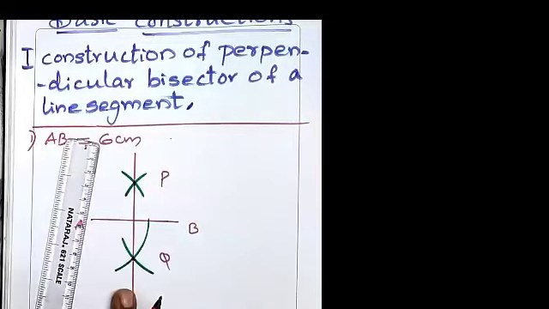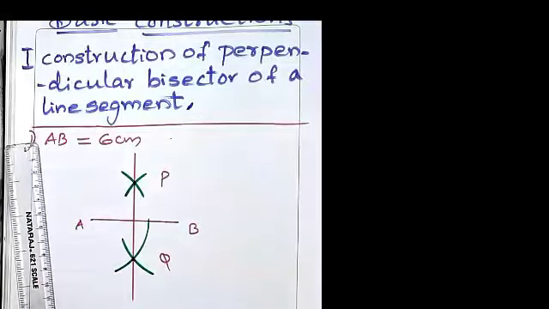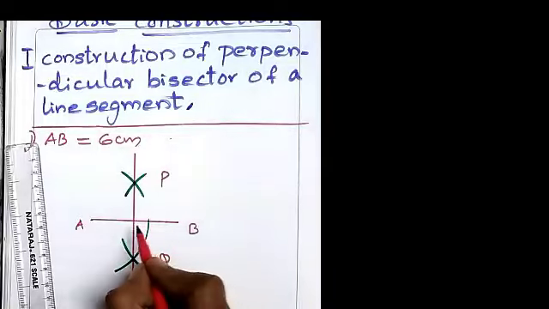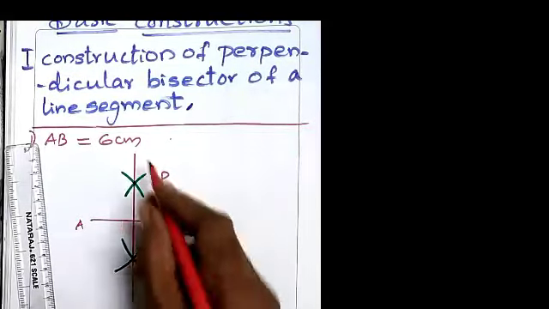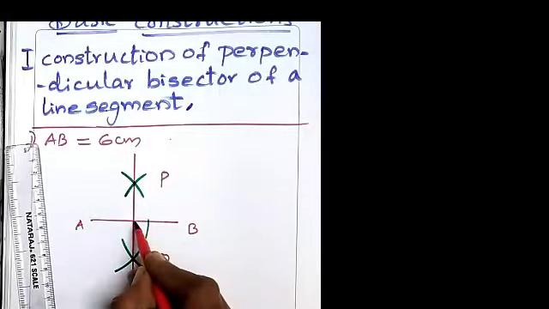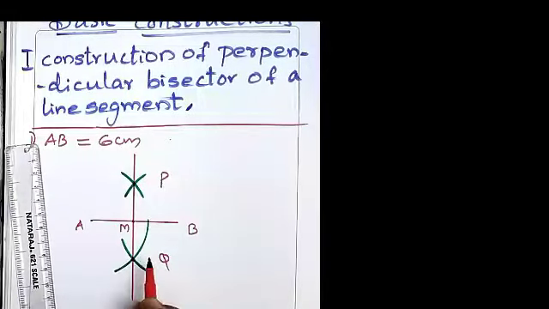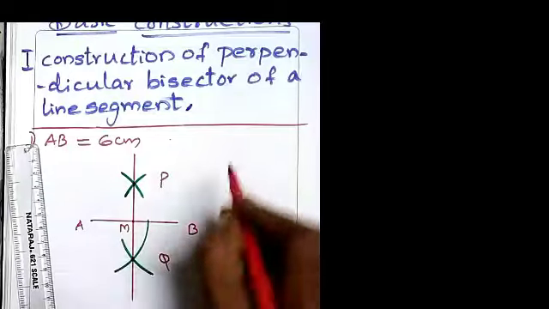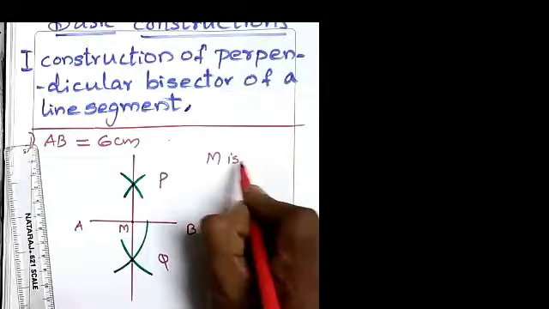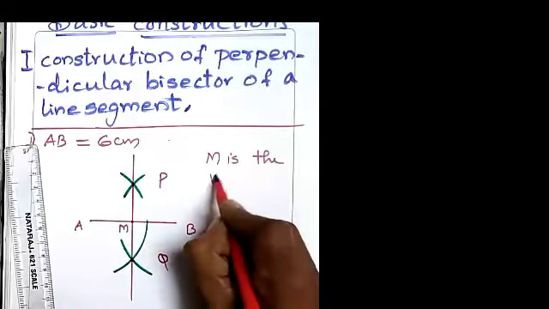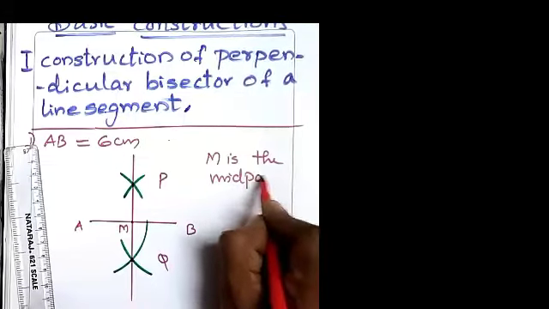This line is the perpendicular bisector of AB. Here you can see one intersecting point. This PQ intersects AB at this point. Name this point as M. Now what can we say? M is the midpoint of AB.